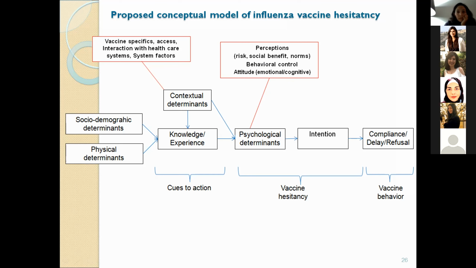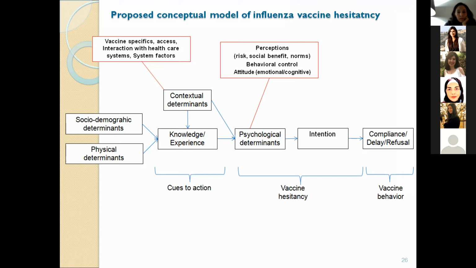But again, between the way they make the decision, the vaccine hesitancy stage, it might take 1 second, it might take days, or it might not happen. And sometimes you advise an individual that this is good for you. He might tell you okay right away, or he might leave and think about it.